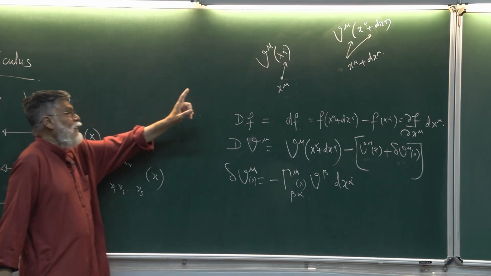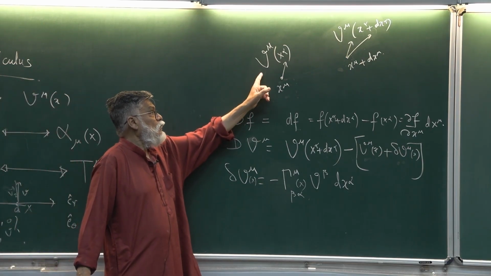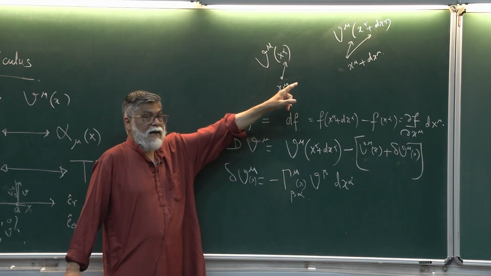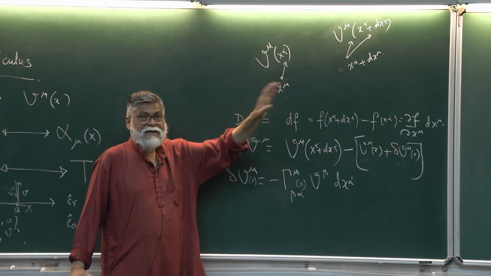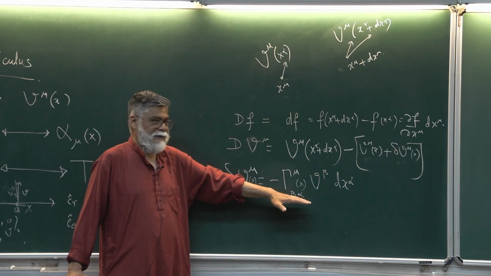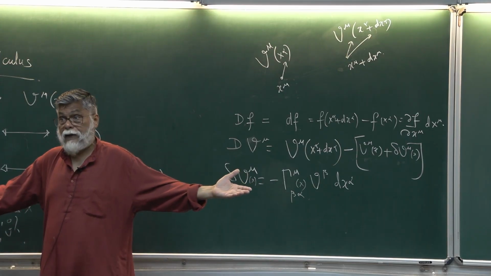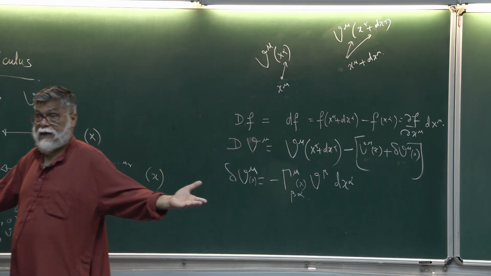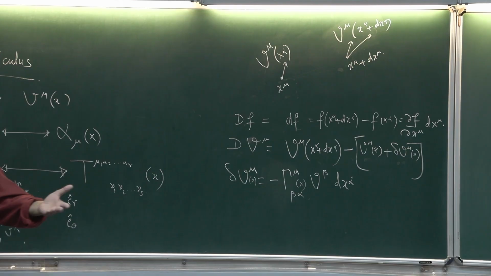when you parallel transport v mu to a point at x mu plus dx mu, the change in the components must look like this. As yet I don't know what these new objects gamma mu alpha beta are, but you will see over the lecture it will magically come out of certain very natural assumptions.